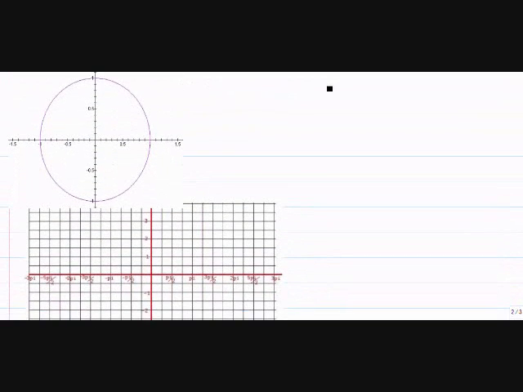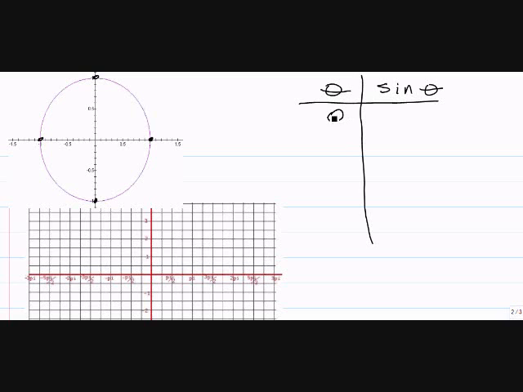So my inputs are still going to be theta, and my outputs are going to be the sine of theta. And I'm still going to go to those particular points because those are the easiest ones for me to see on my graph. I'm going to go 0 radians, and that's still at the point 1, 0. So what's the sine of 0 radians?